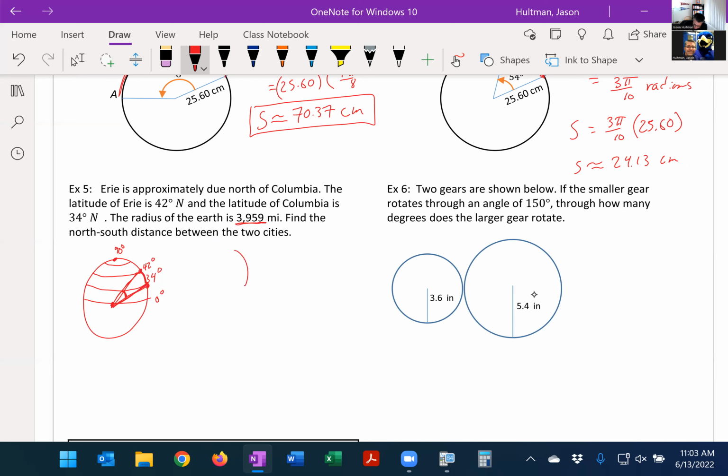That angle, from 34 degrees to 42 degrees, is 42 minus 34, and that's 8 degrees. So that's an 8-degree angle. The radius is 3,959, and S is equal to theta times r, but theta needs to be in radians. How do I convert the 8 degrees to radians? Well, that's going to be times pi over 180.